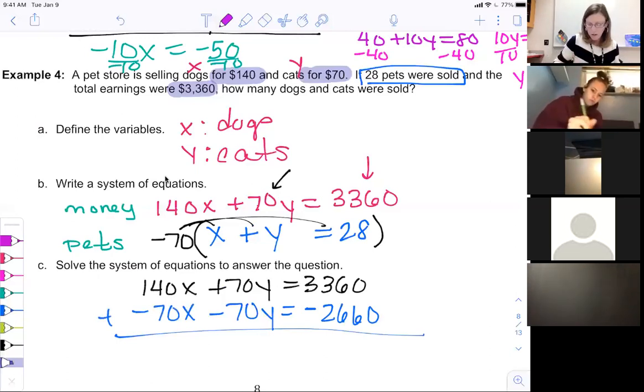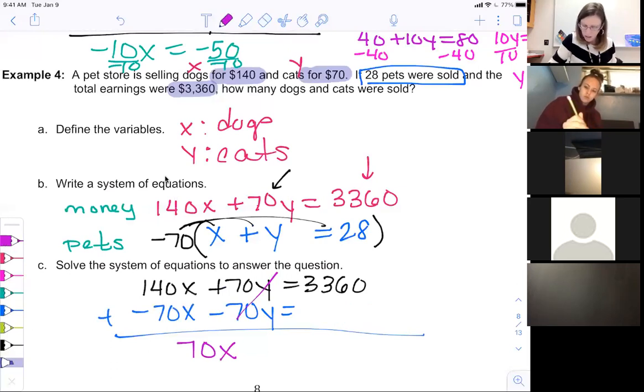And then add. So 140 minus 70 is 70x. Y's cancel. Yes. When I multiplied negative 70 by 28, I got negative 1,960. Oh, thank you. I must have put it in wrong. Good catch. Negative 1960, right? Yeah. Thank you. So when we take 3,360 and subtract 1,960, you get 1,400. That works out way better.